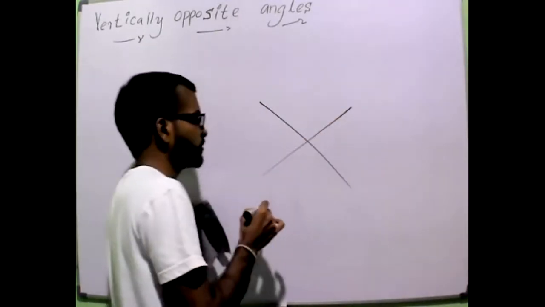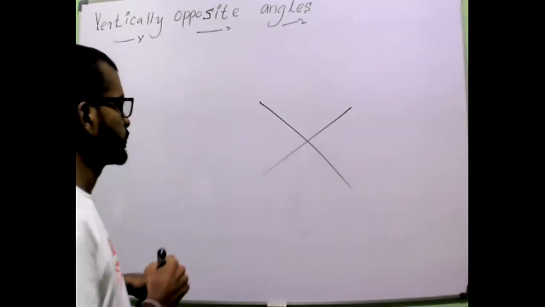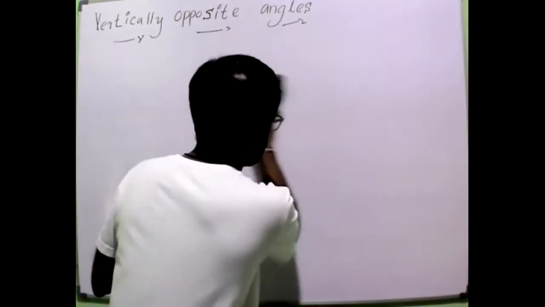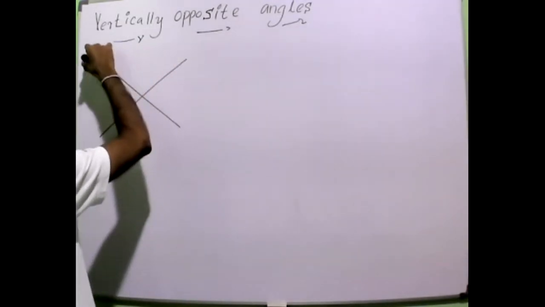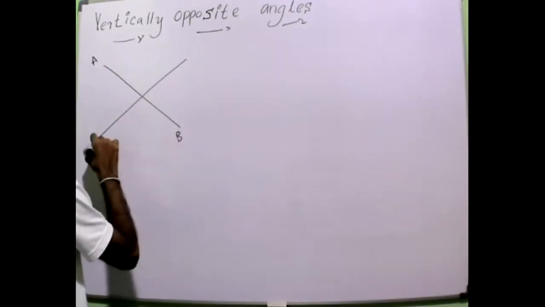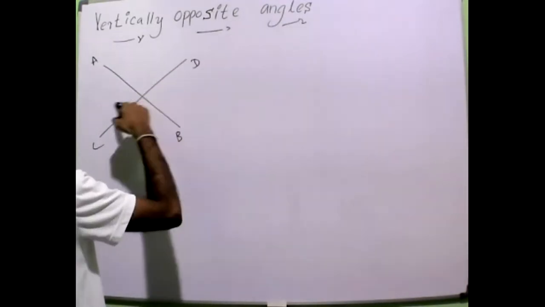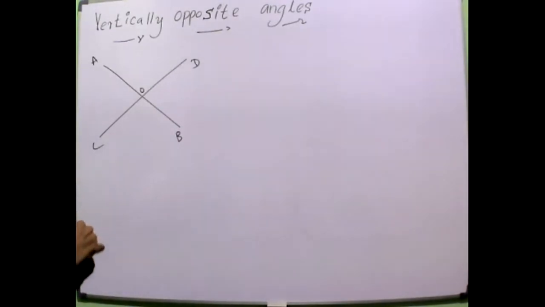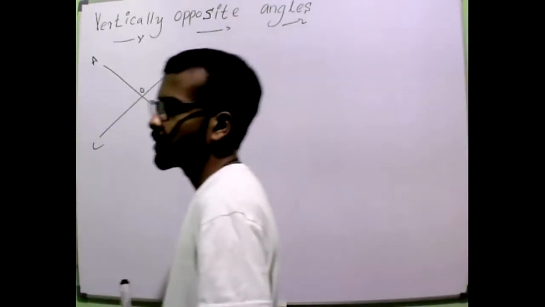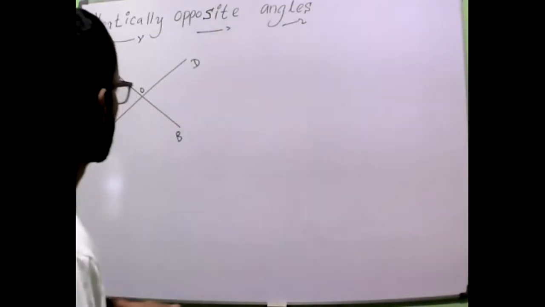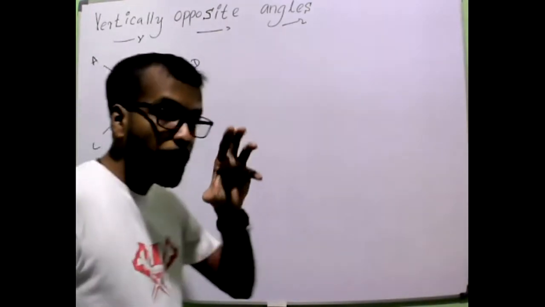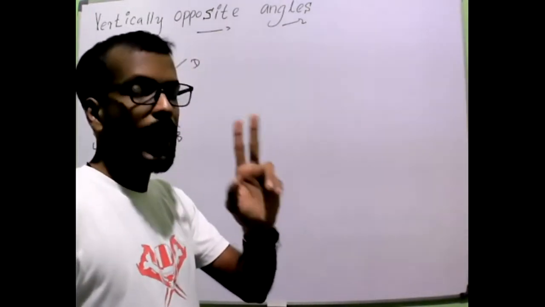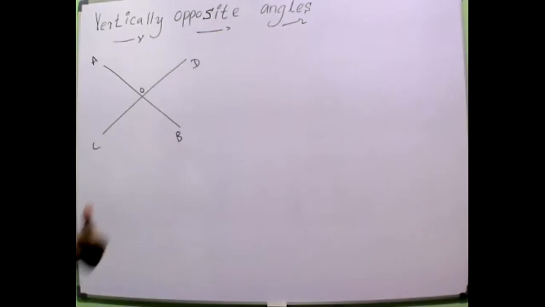Now I will consider two straight lines, like this. We will draw them here: AB and CD, and they are intersecting each other at point O. Here you can find pairs of opposite angles.